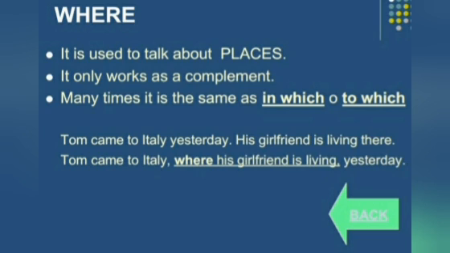So again we can combine the two thoughts into one: Tom came to Italy where his girlfriend is living yesterday. So I have combined both the thoughts into one using where. And this where is indicating what? Italy. And I have added up the adverb at last, yesterday.